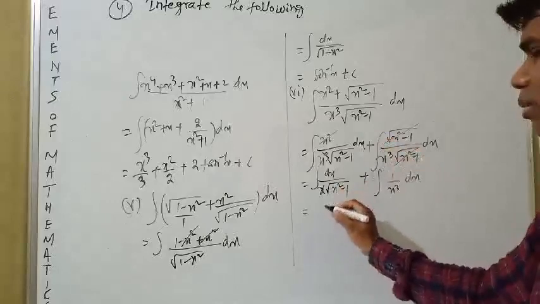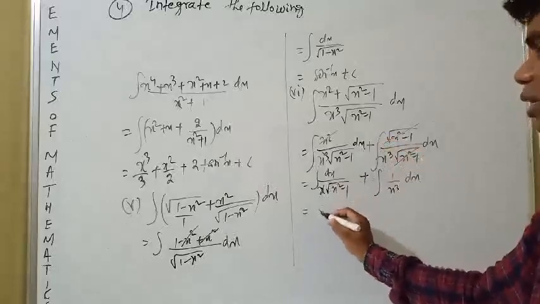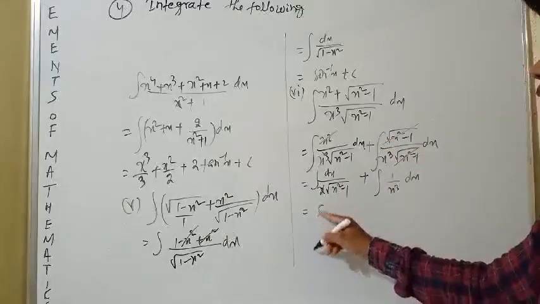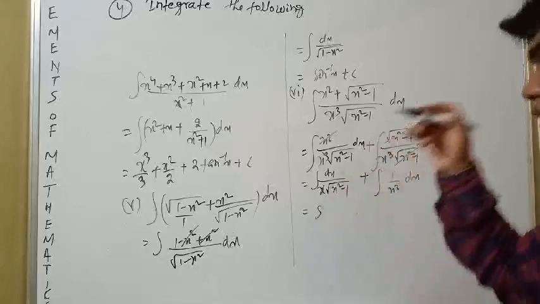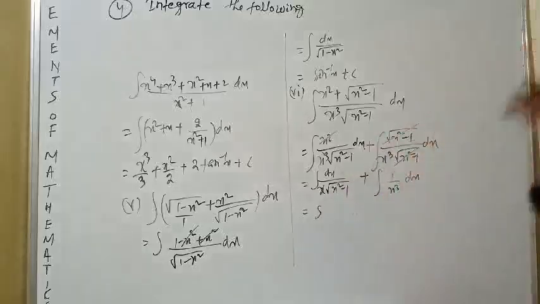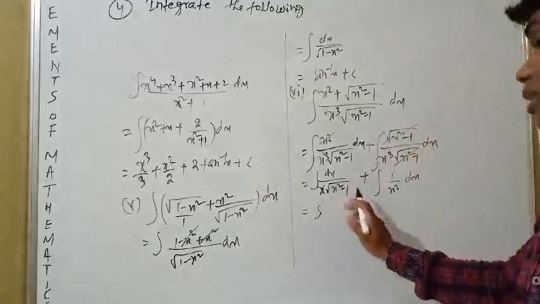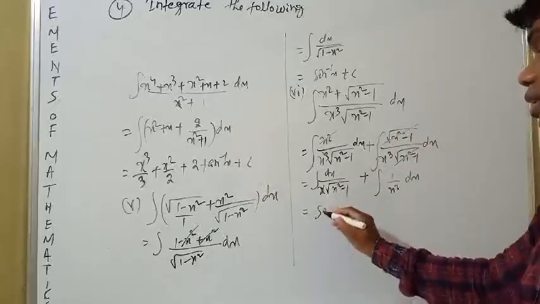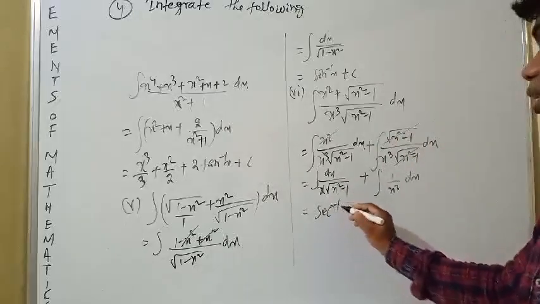Here you see this is a formula, that is integration dx by x root over x square minus 1, that is sec inverse x.